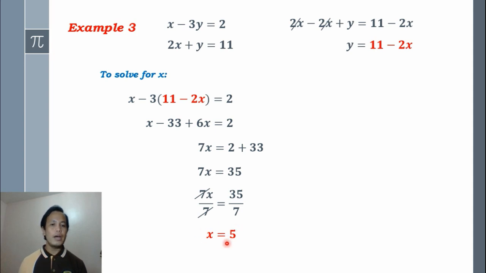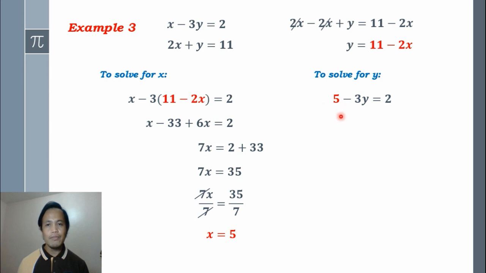Now, to solve for y, we go back to these equations. We can choose from these two equations to solve for y. For this example, we will choose equation 1. Equation 1 is x minus 3y equals 2. Our x is 5, so we substitute 5 instead of writing x. Then we copy negative 3y, and we copy equals 2. Since we are going to solve for y, we will use the subtraction property here.